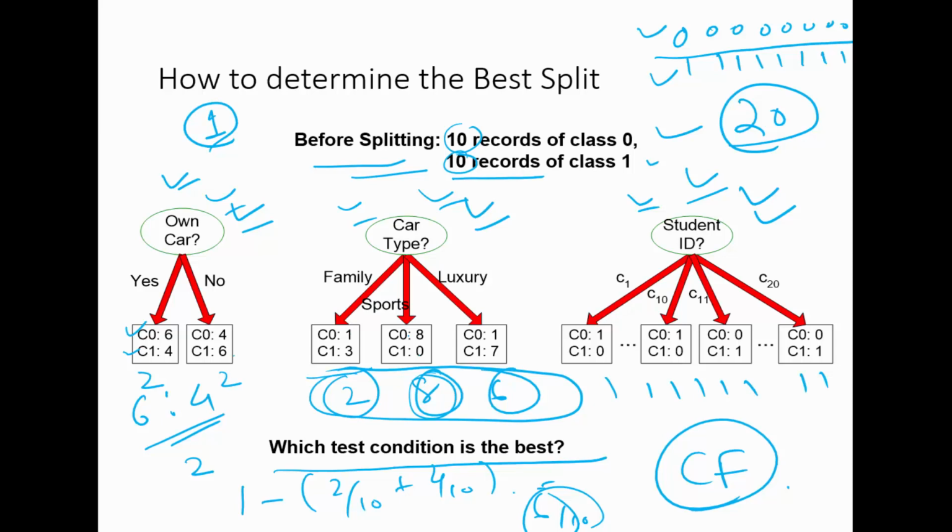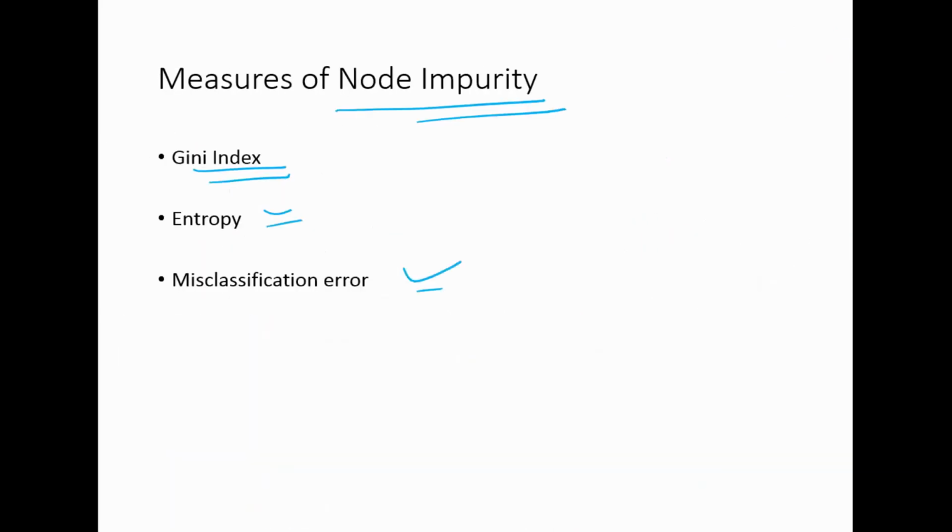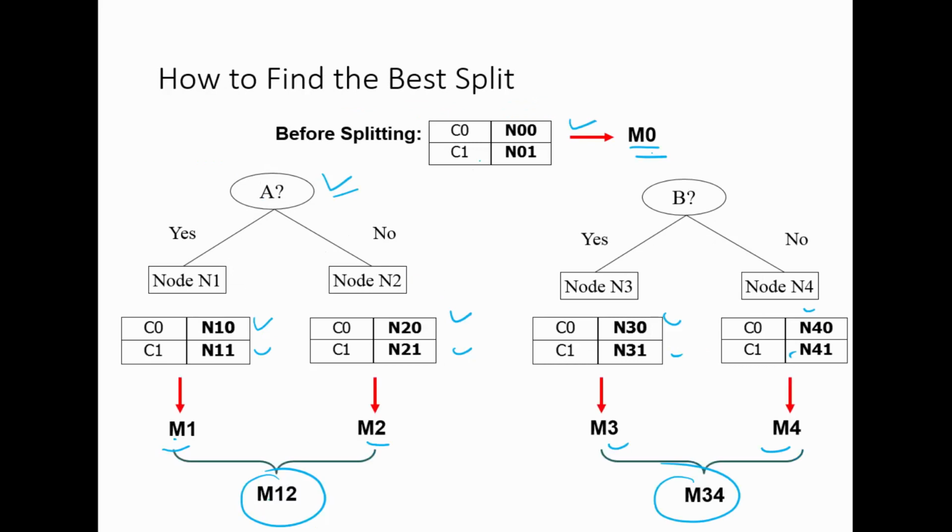So the idea is that the distribution should be more uneven in nature. Here it is more even, here it is less even, and that's the way you find out what is the best possible split. So we find the unevenness and combine them and see the initial distribution was this.